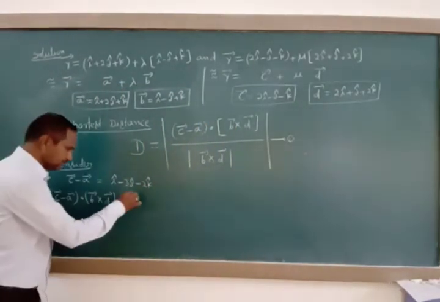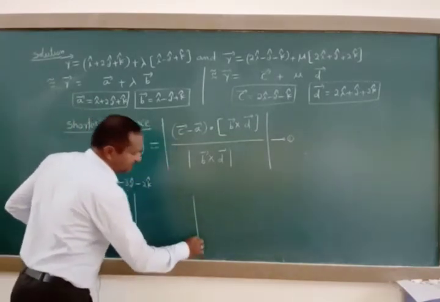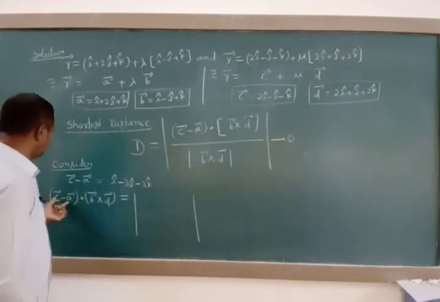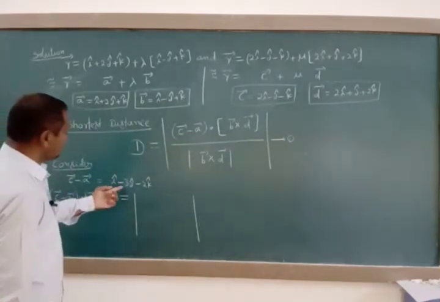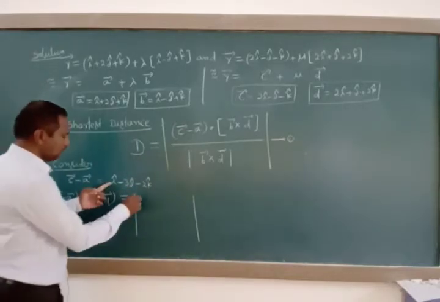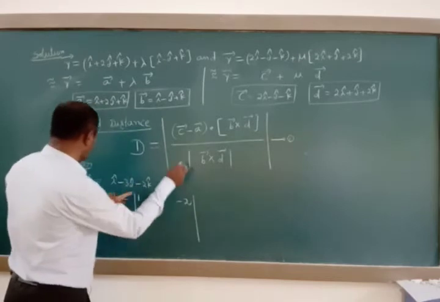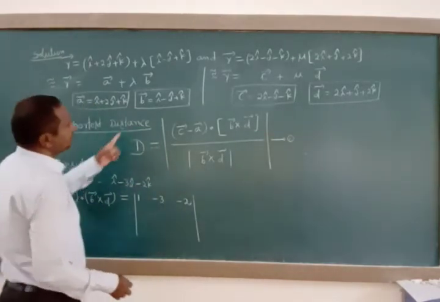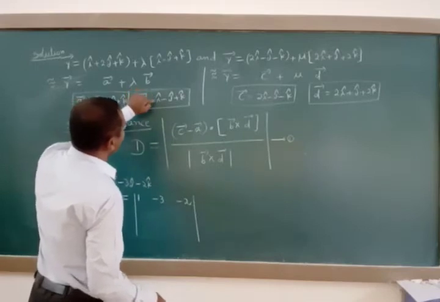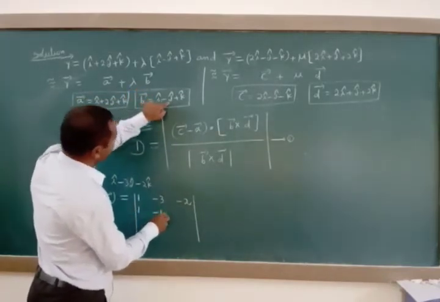For that, we have to apply determinants of square matrices. From c vector minus a vector, collect the coefficients of i cap, j cap, k cap: 1, minus 3 and minus 2. From b vector, the coefficients are 1, minus 1 and plus 1.